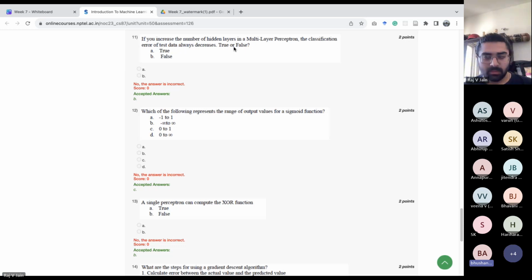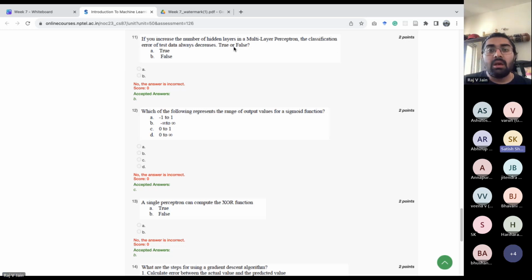It flattens after some time. Overfitting also. On the training data it may improve, but on the test data it will not. Correct. The idea is that it can capture more complex patterns, but are those the right patterns to capture so that the test data would be correctly classified? We don't know. So it's possible that it may not always decrease.